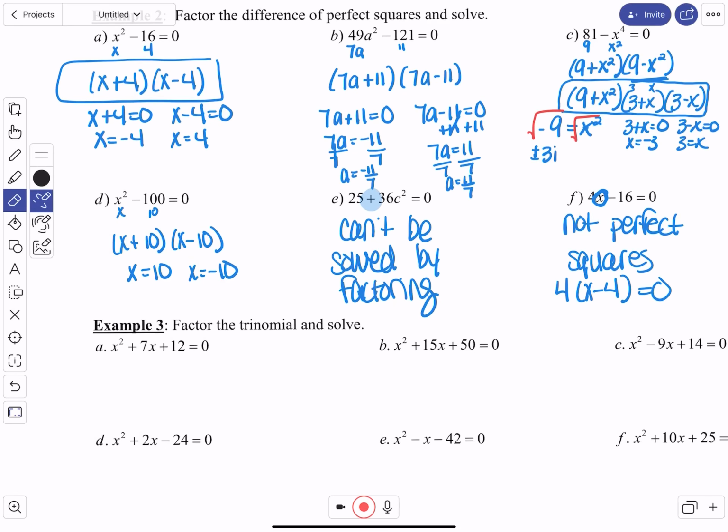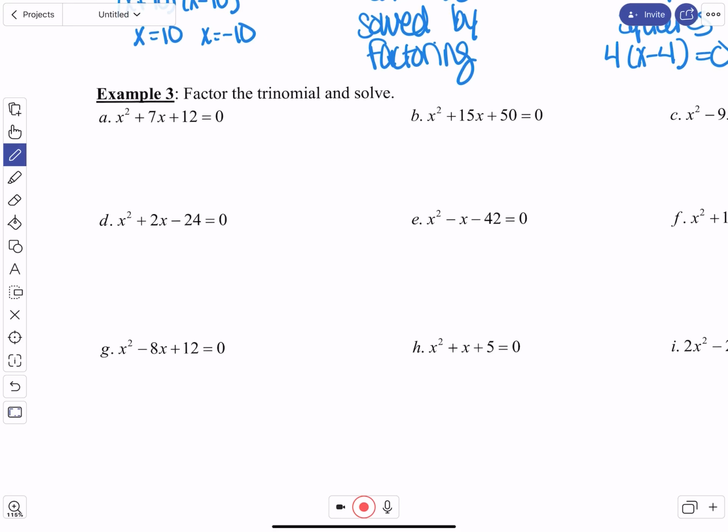Okay, so I think this is like where you barely got to in Math 1 last year. And so what you do, there's a method to this. Let's see here. Okay, so when you're doing trinomials, it means it's got 3 terms.